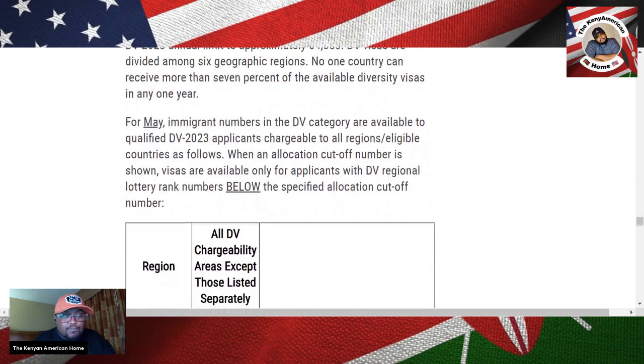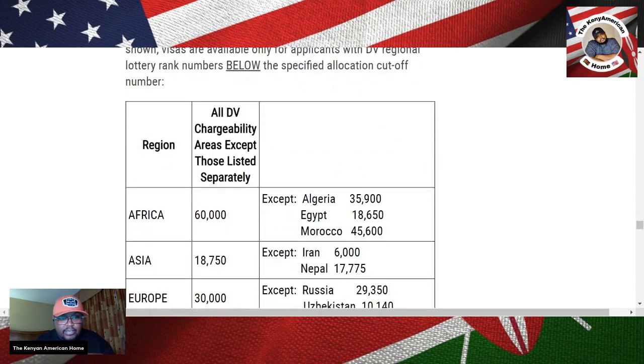As of May 2023, for Africa, if your case number is 60,000 and below, it's been given a green light. It makes exceptions for some countries like Algeria, Egypt, and Morocco.